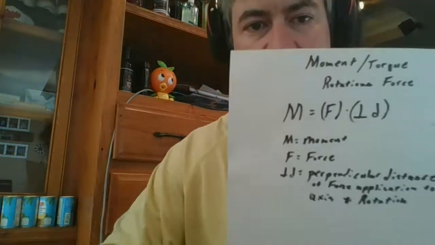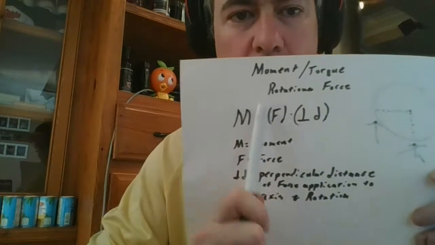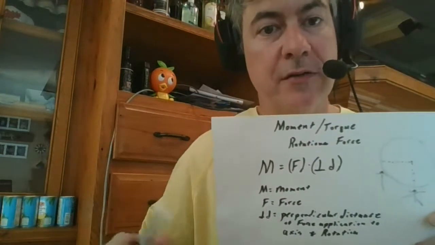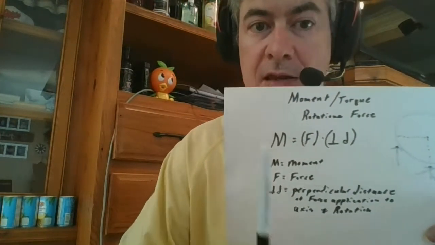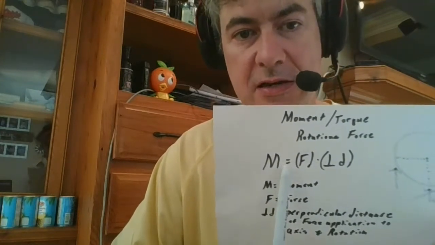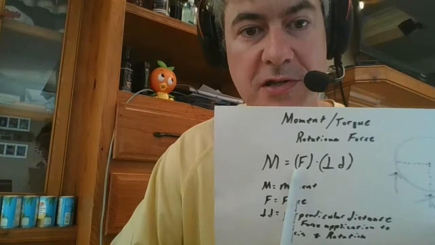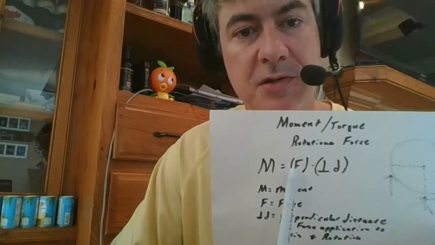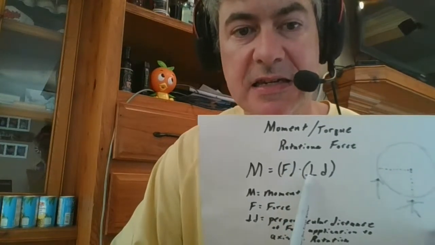So let's define moment or torque for this class. Moment or torque: rotational force, rotational influence. The equation is, in layman's terms, moment or torque is equal to whatever force is being applied that's trying to influence motion times a distance perpendicular.